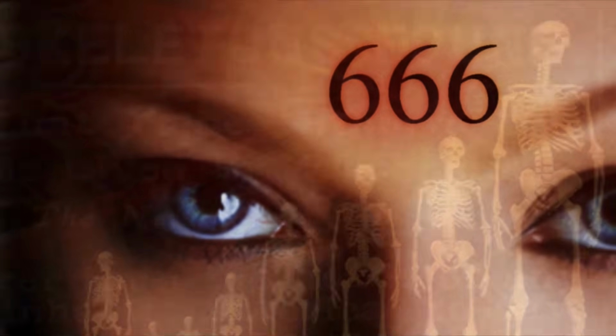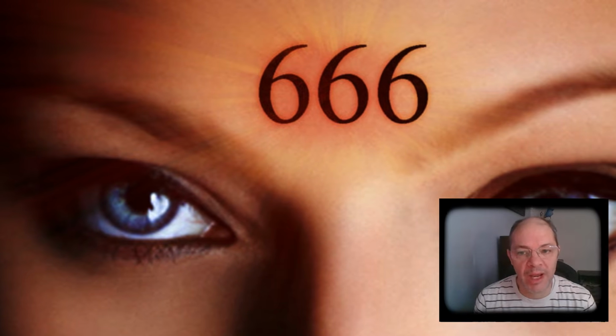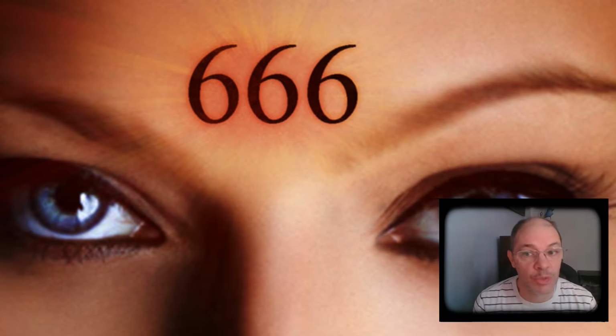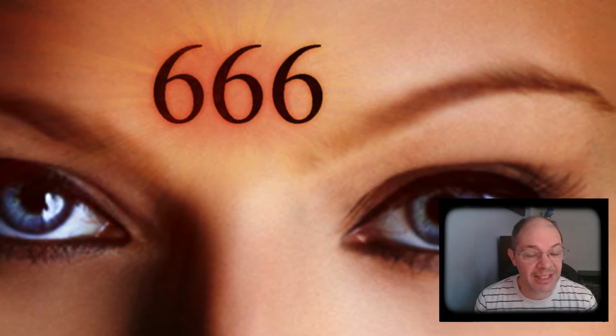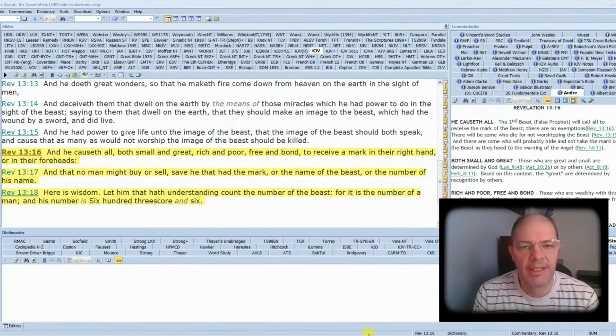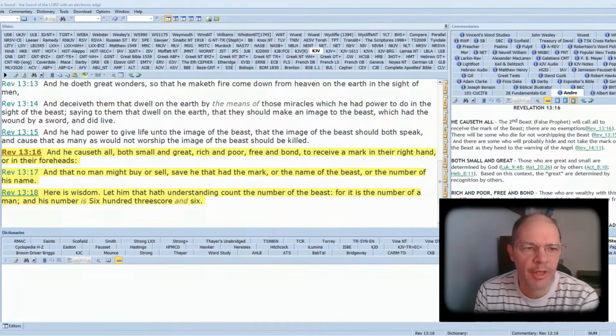Number 4, some will have the number of his name on their forehead or their right hand, and his number is calculated to be 666. So what would the name be? Number 5, his name, his actual name, could include his assignment. For example, when we think of Abraham, Abraham is his name, but his assignment or purpose is that he is the father of many nations.